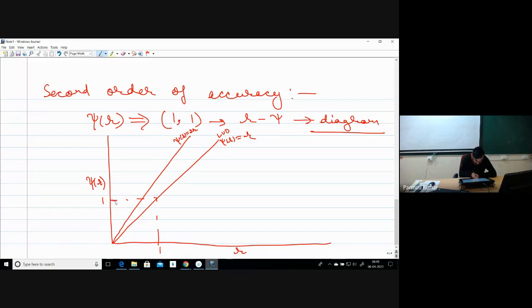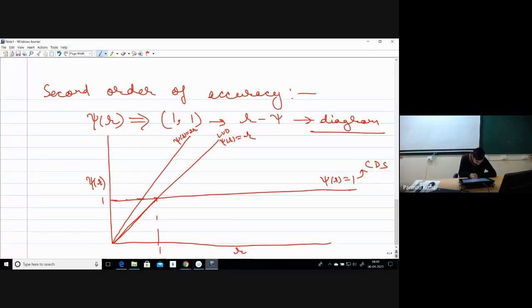Then we have one more line, psi(r) = 1, which is applicable for the central difference scheme. Now can you tell me which lines are passing through point (1, 1)? This particular line always passes through (1, 1).